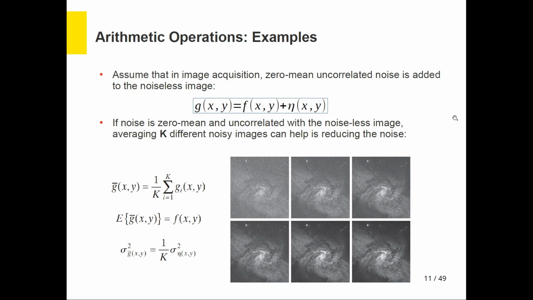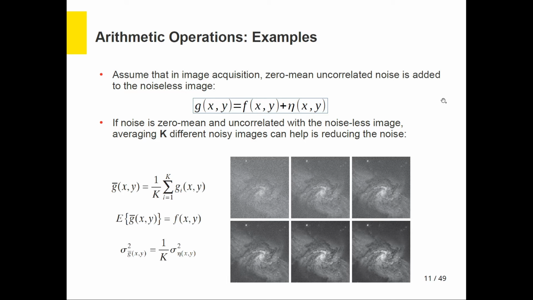Now let's see some examples of using these arithmetic operations. For the first example, let's assume that we have an image acquisition system that, for whatever reason, maybe the error of the imaging sensor or some internal conditions of the imaging process itself, has some zero mean uncorrelated noise added to any image that we capture.